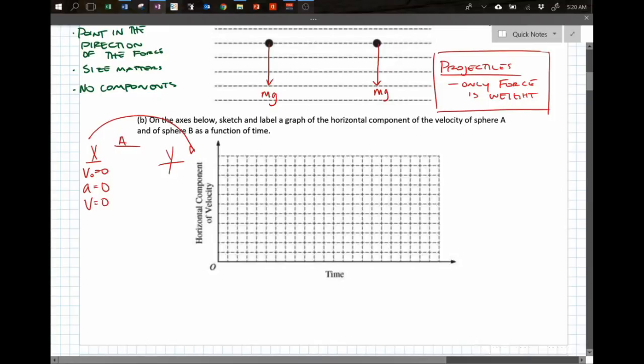So if we look at this, for sphere A, we have no horizontal velocity and we have no horizontal acceleration. So all the way through, because there's no horizontal velocity, sphere A is just going to be sort of a line along the bottom until we get to our final velocity. That's what sphere A looks like, and we should label that. We want to know that this is for sphere A.